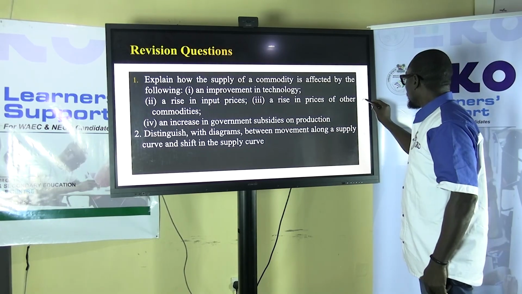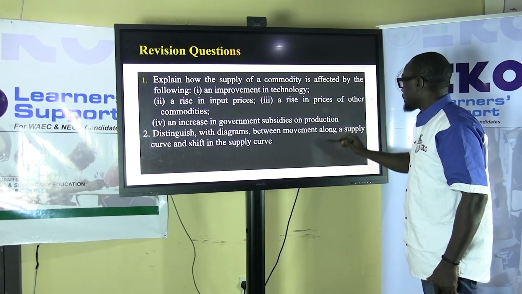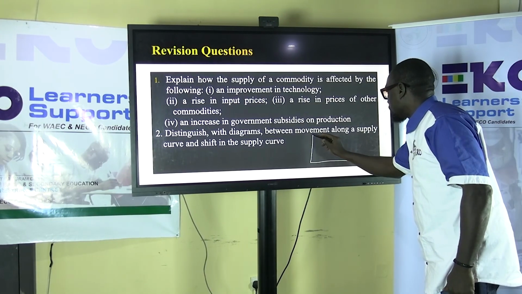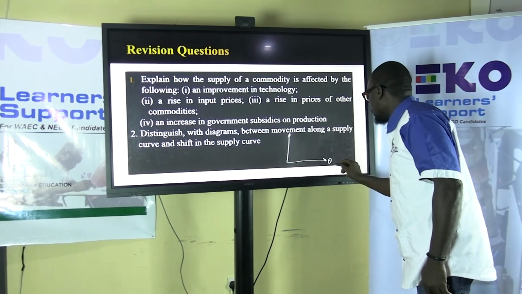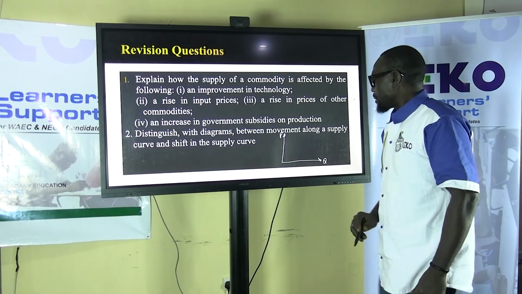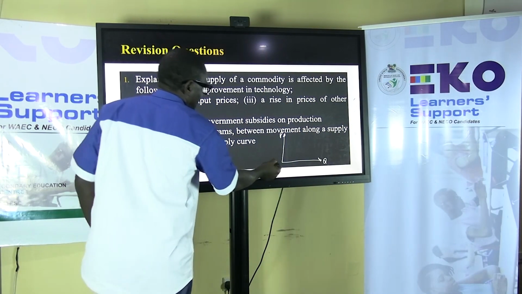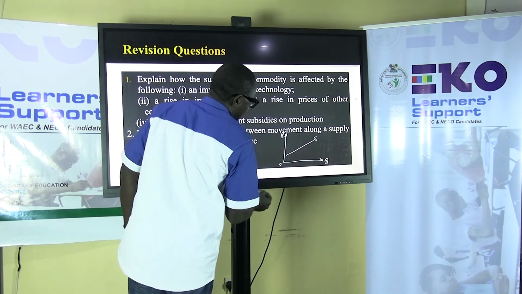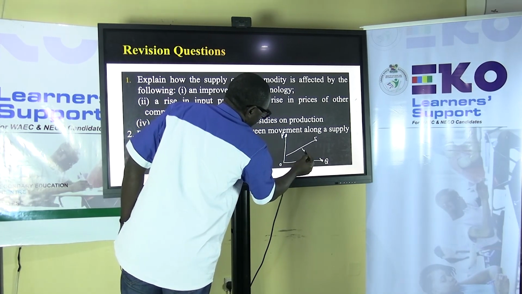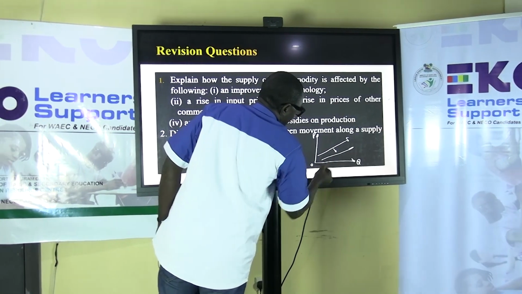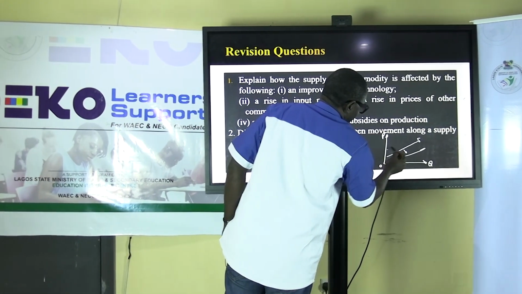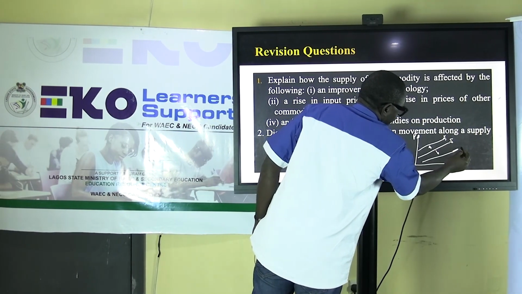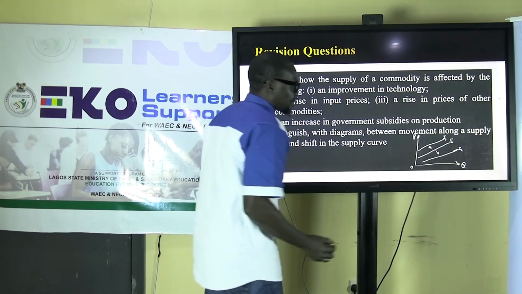So if you represent that diagrammatically, you have your initial supply curve being this, and then you can have a shift outwards to another supply curve or a shift inwards to another supply curve, S1, and let's call this S2.